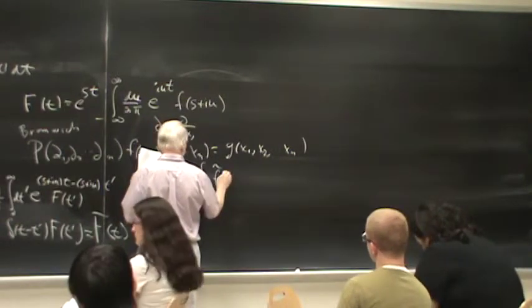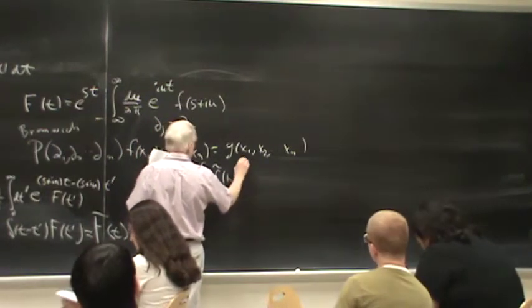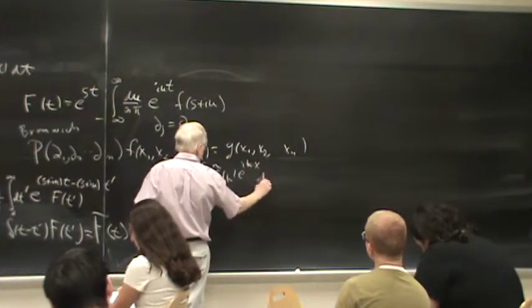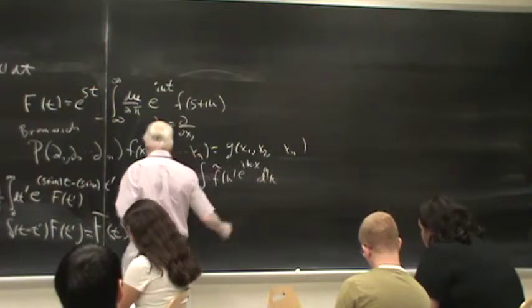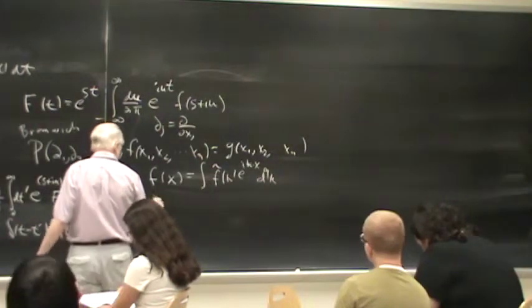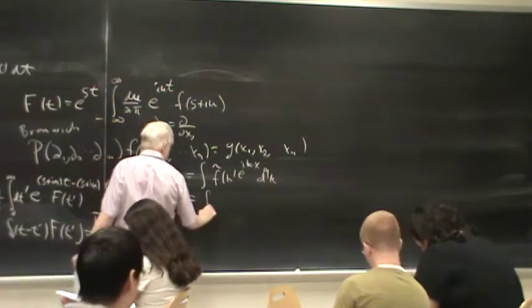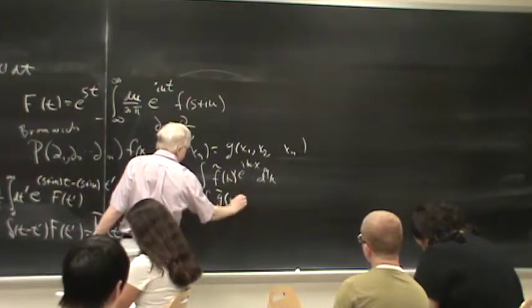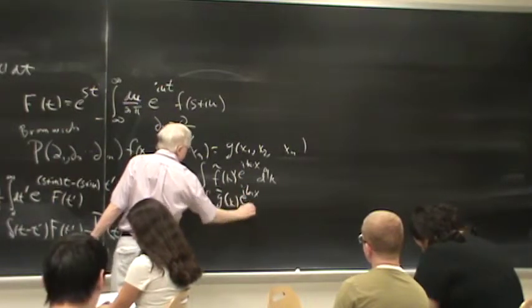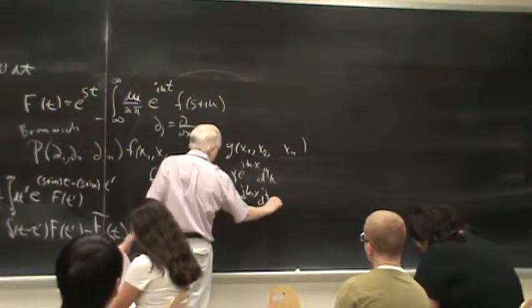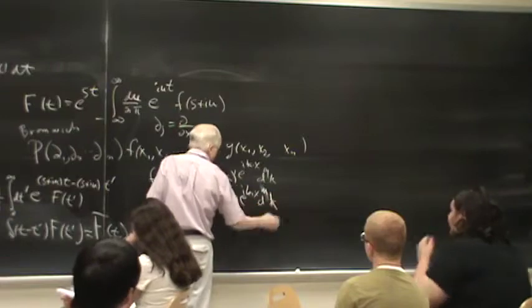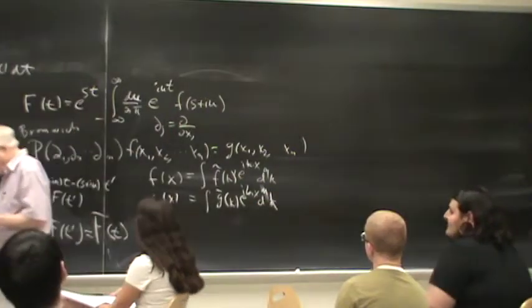So f of x equals the integral of f tilde of k, e to the i k dot x, d^n k. So this is an n-dimensional Fourier transform. We're going to do the same thing for g, g tilde of k.